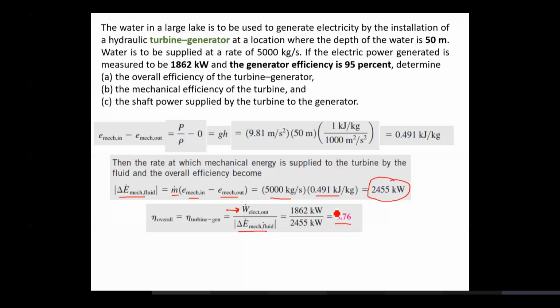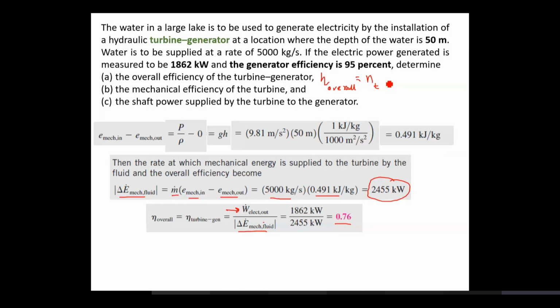Now, how can you find out the mechanical efficiency of the turbine? You know that the overall efficiency, sorry, or in other words, you know that the overall efficiency is efficiency of turbine multiplied by efficiency of the generator.